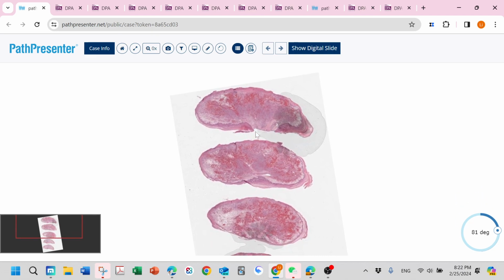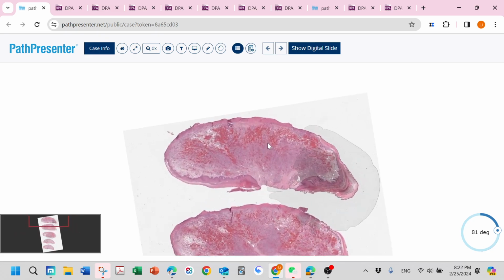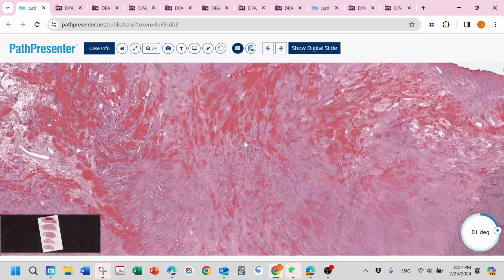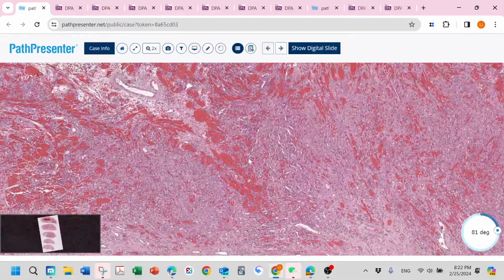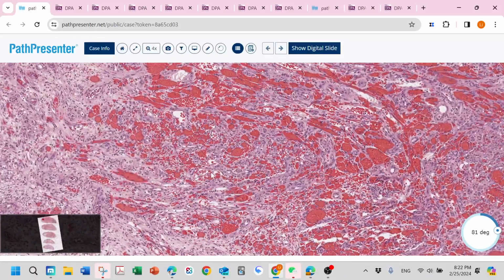So low power, you know, this is an endophytic nodule, really bloody, because even at this power, we can see tons of red blood cells inside. When you zoom higher, you can see all of these tumor cells are spindle cells forming this slit-like space.